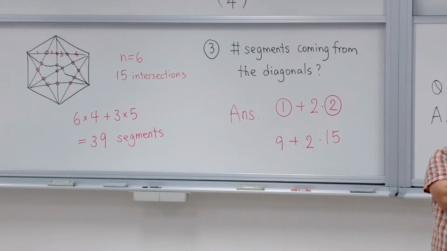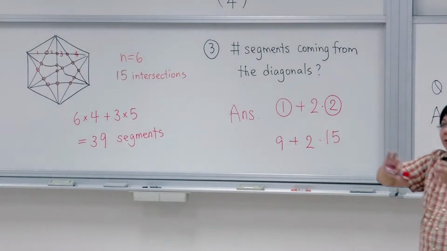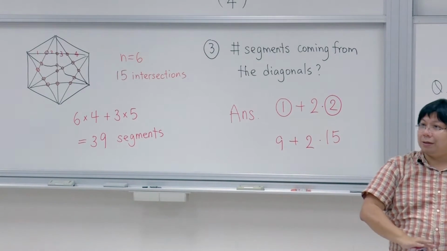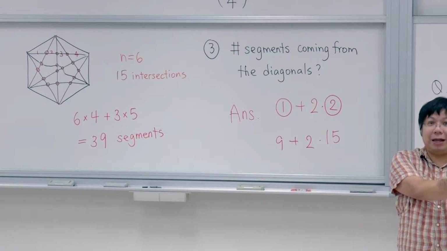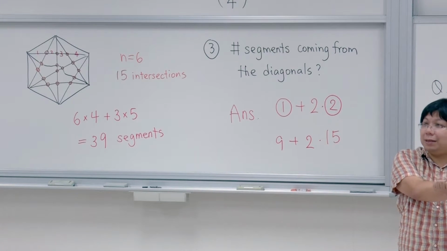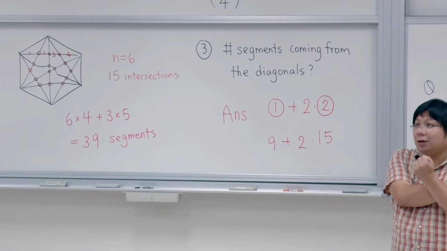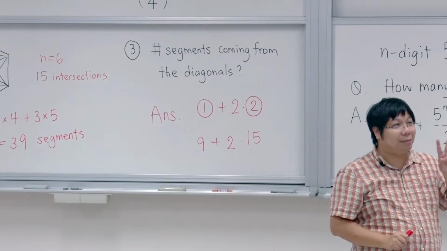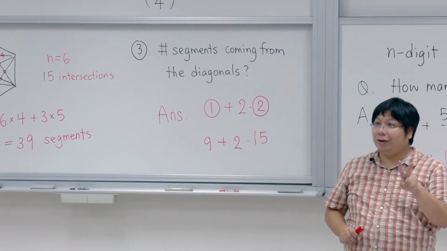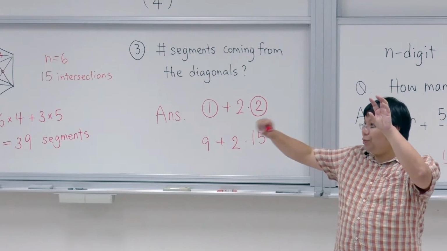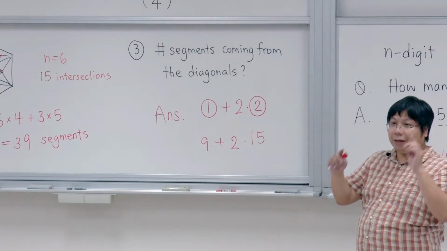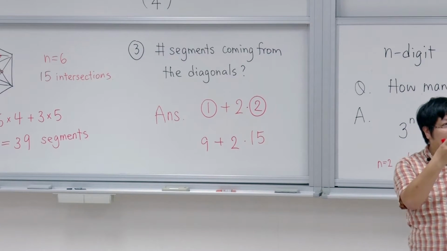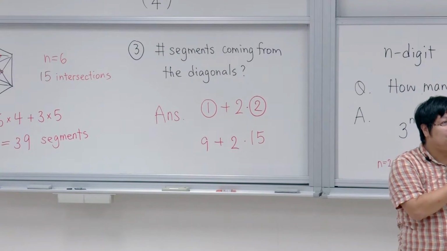And if we have another intersection somewhere else, that will correspond to 2 happy lines becoming 4 unhappy lines. So that means what? Each intersection is going to add 2 segments. From 2 to 4, and then here, from 2 to 4, there. Whenever there is one intersection appearing, you add 2.